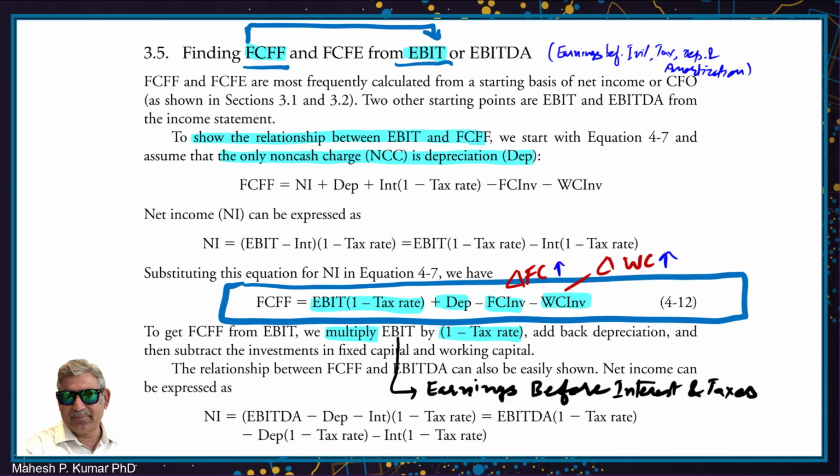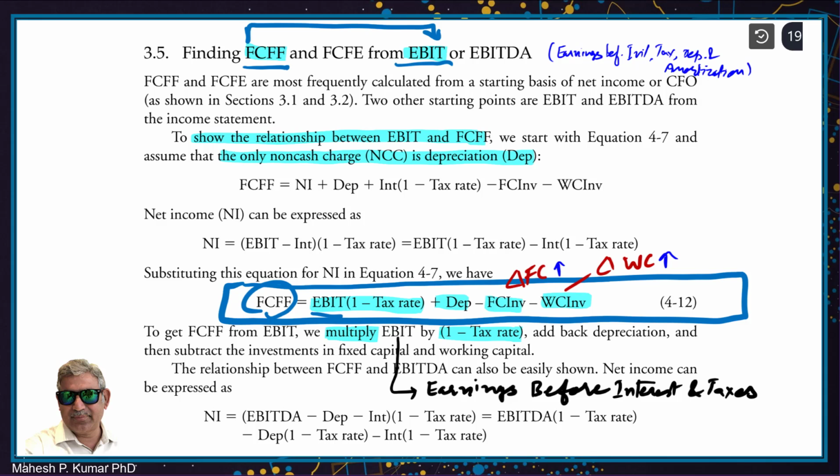One is EBIT, which stands for earnings before interest and taxes, and the next concept is EBITDA, which is earnings before interest, taxes, depreciation and amortization. But in this learning, we are calculating the free cash flow to the firm from EBIT.